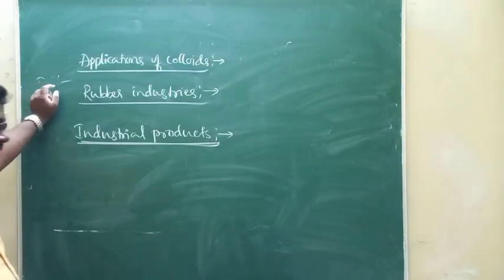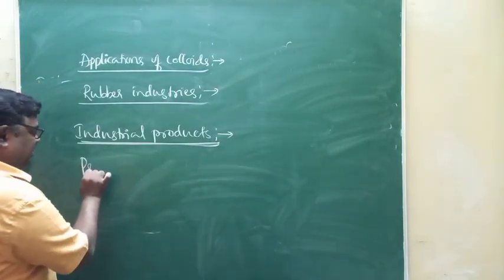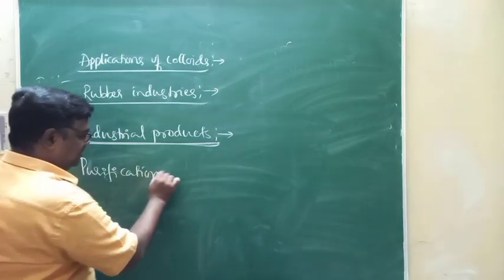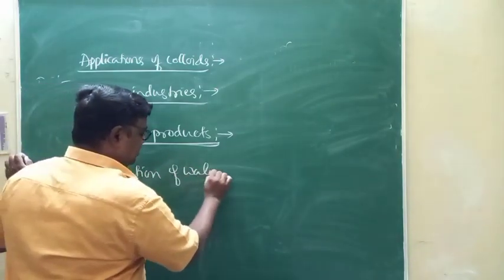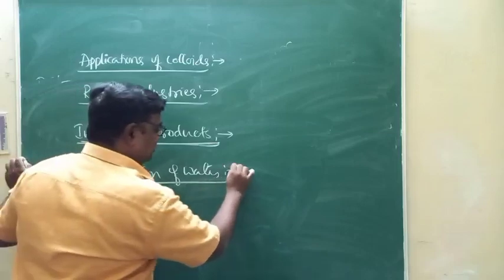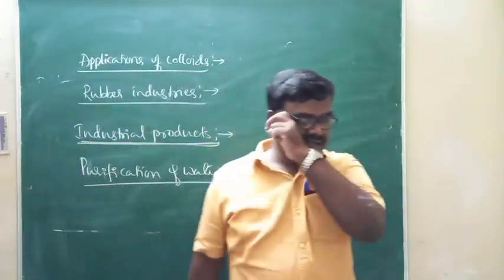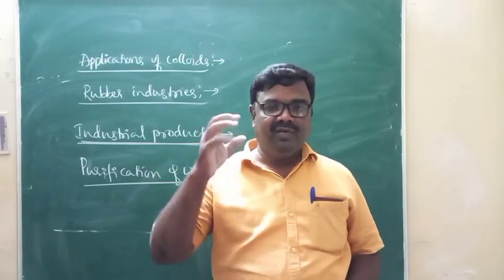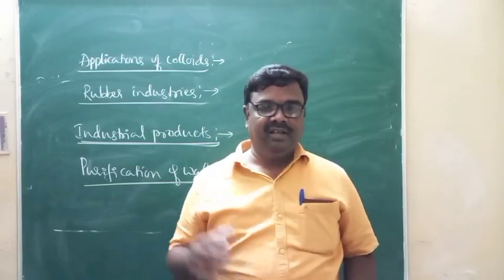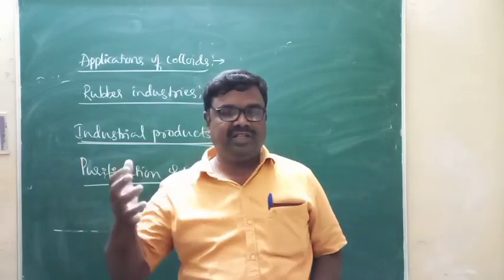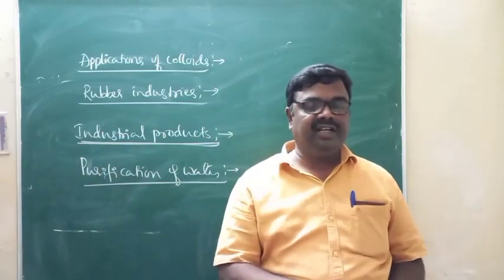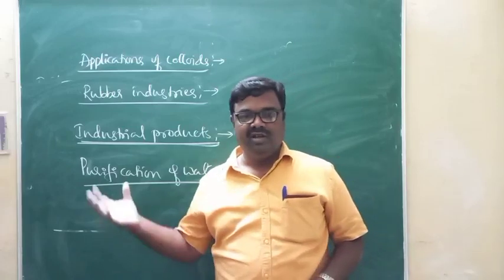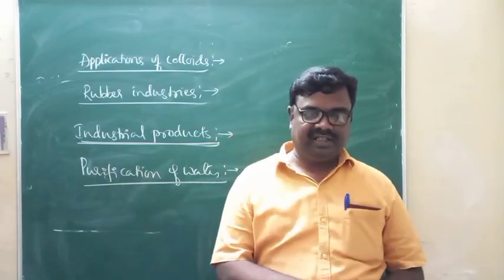Apart from that, I can make use of the properties of colloids in the purification of water. Just imagine, water from natural sources will not be fit for drinking purposes, because it is associated with colloidal mud particles and dust particles.